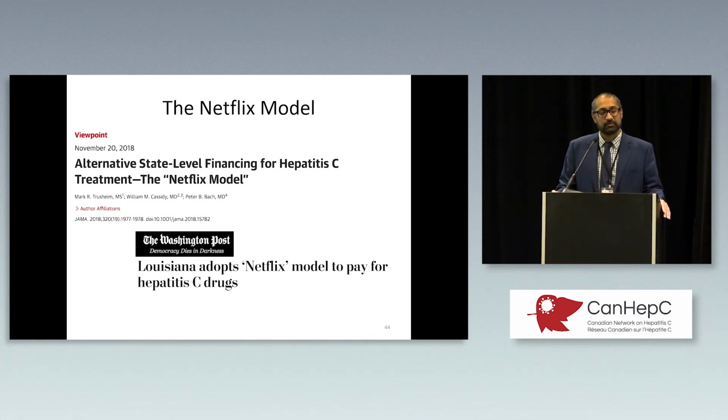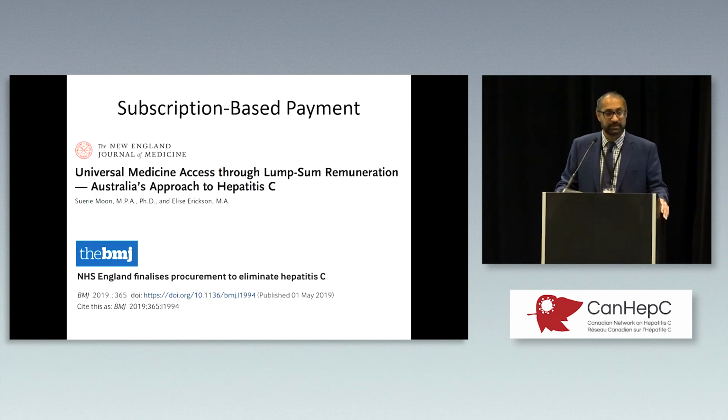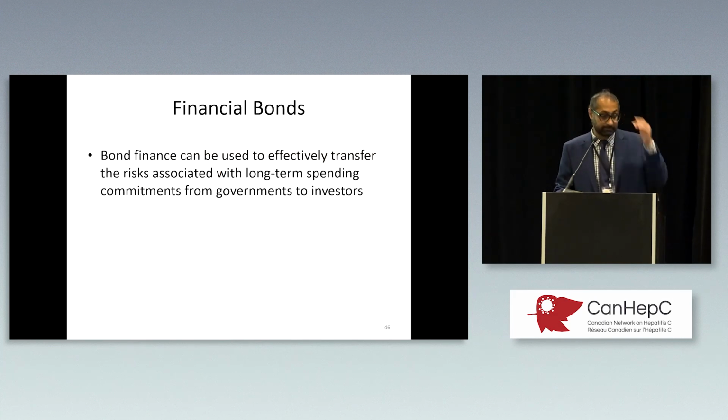Payers know what their budget would be for the next 5 years. Pharmaceuticals know what their revenue would be for the next 5 years. And anyone who has hep C can get treatment, and there is no restriction. And this model has been implemented successfully in Australia, and England, within the last couple of weeks, announced that they would be moving forward with such an innovative mechanism.